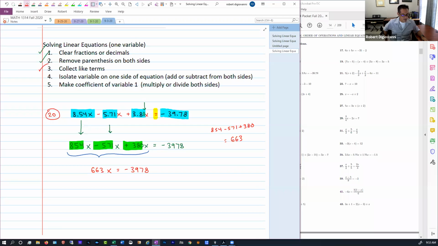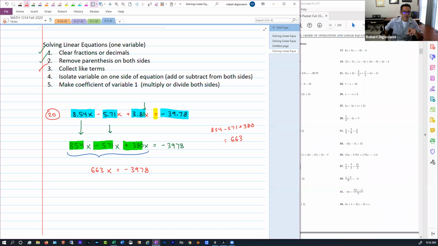Step 4, isolate the variable on one side of the equation. Do we need to do anything? Yes, we're gonna divide. Okay, yeah, so what you're doing is actually step 5. Step 4 is to get the variable by itself, right? Which is already done. Okay, so for step 4, there's no work necessary.